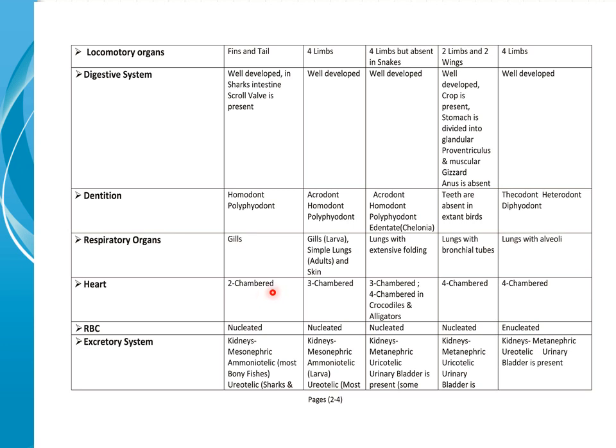Through this two-chambered heart, venous blood flows. So this type of heart is a venous heart, as deoxygenated or the venous blood flows through this heart. And the type of circulation here is single.